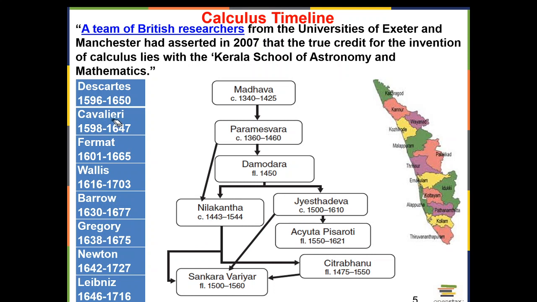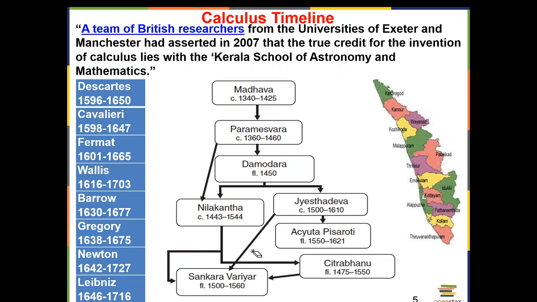But the timeline in Europe starts with Descartes, with the rectangular coordinate plane, the Cartesian coordinate plane, and then the rest of the mathematicians: Cavalieri, Fermat, Wallace, Barrow, Gregory, Newton, Leibniz. The calculus that we are learning here is about the calculus of this time, but of course there was calculus here too.